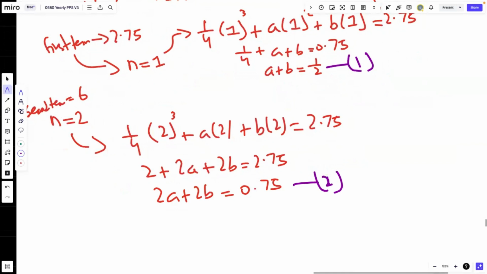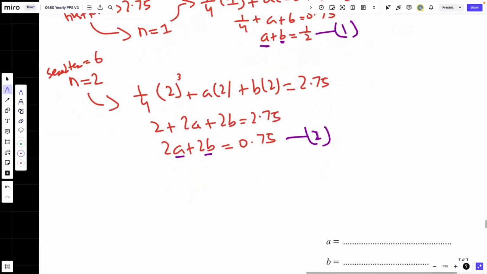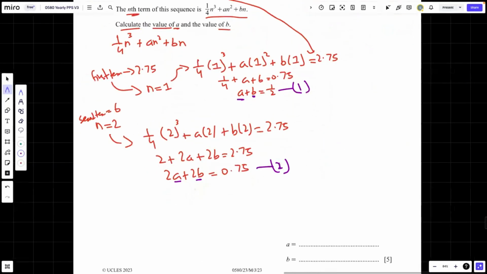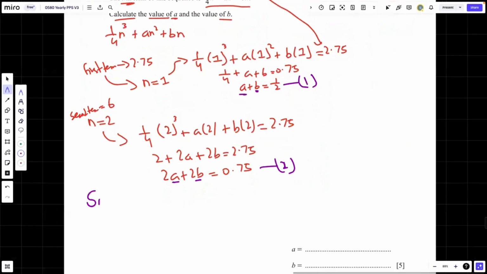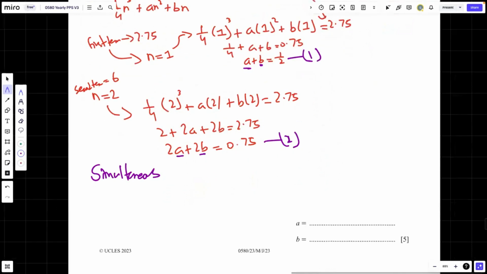So now we have two equations with how many variables? Two variables. So how do you solve two equations with two variables? What's the method that we use? Simultaneous. We'll solve them simultaneously. We have the first equation and the second equation. First thing is we take any one of the two equations and make one variable the subject.